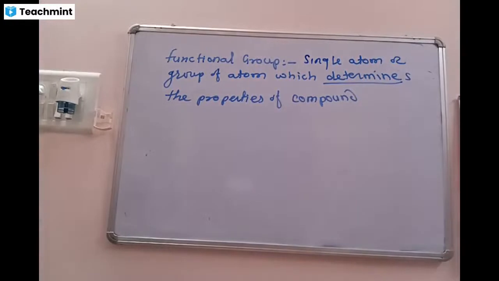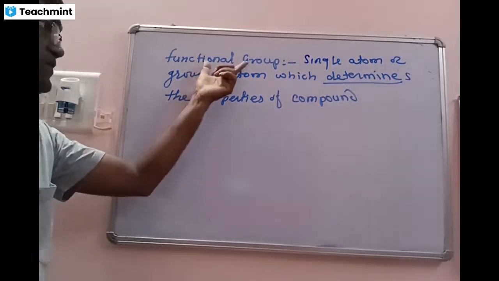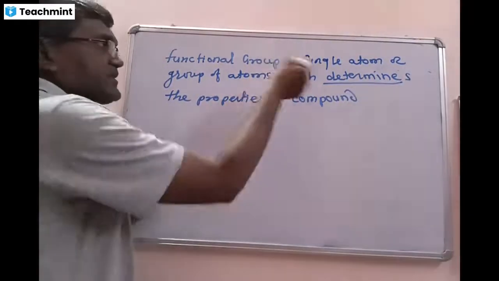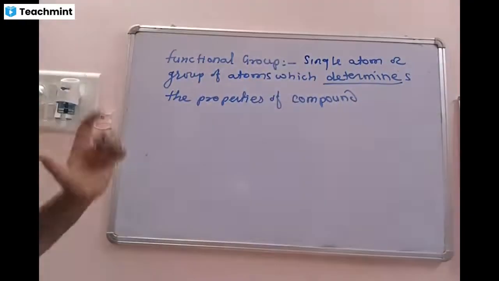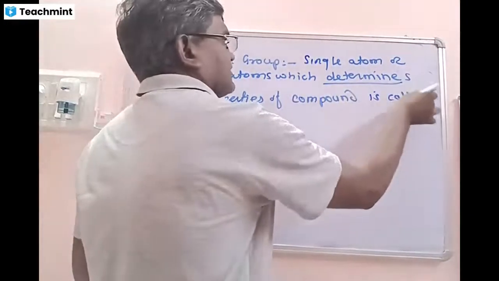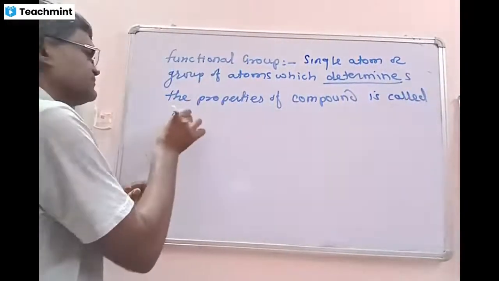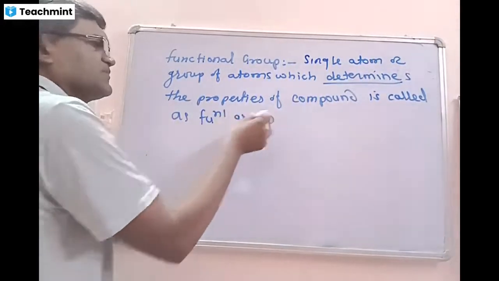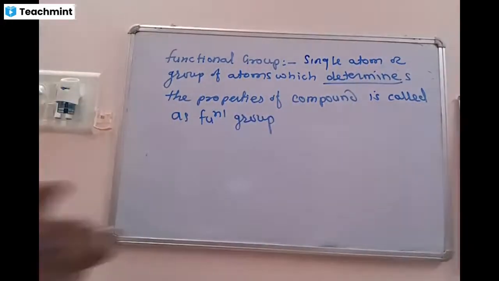So how the properties are estimated? These properties are present on the basis of that single item or the group of items. Group of items which determine the properties of the given compound will be called as a functional group, as we have studied earlier, right?